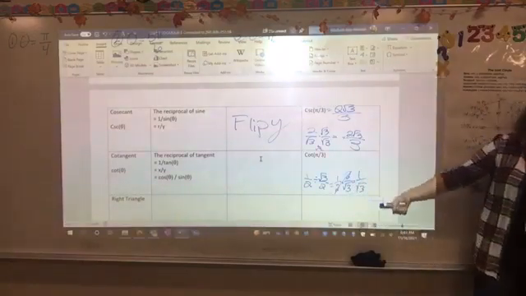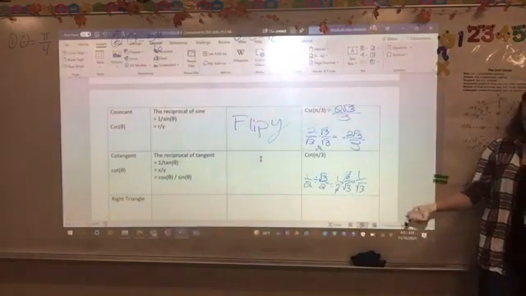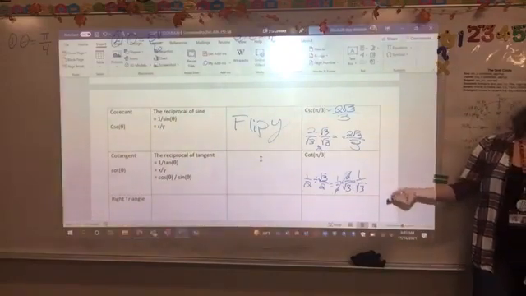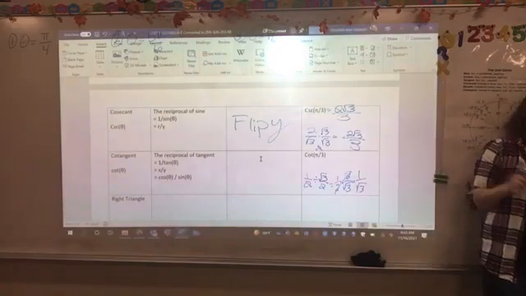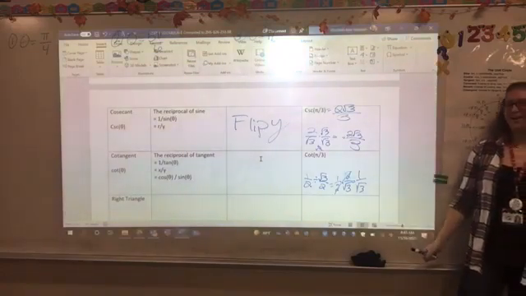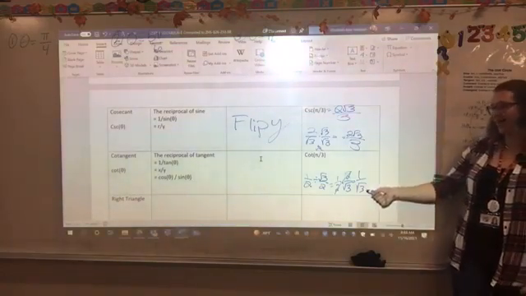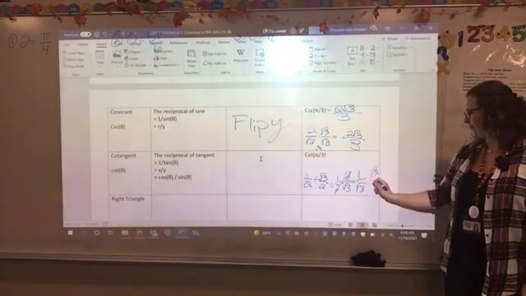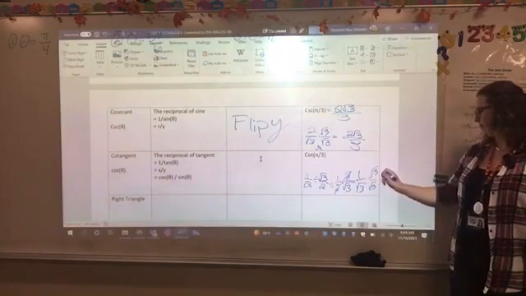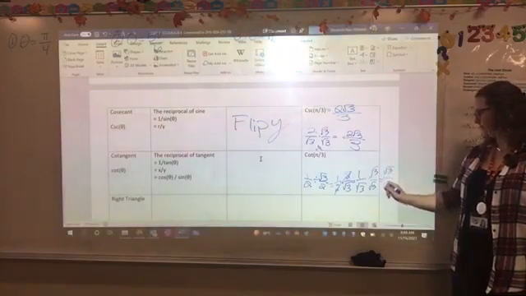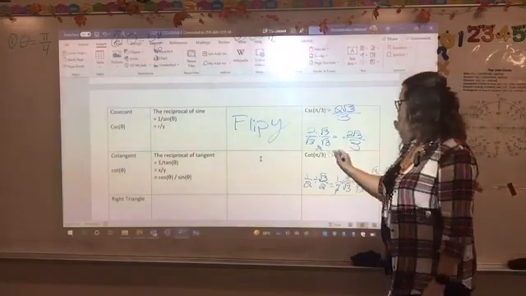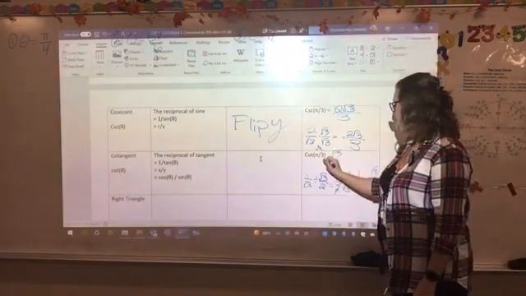Am I done? No, why not? Because of the square root on the bottom, what do I have to do? I've got to rationalize it. I've got to multiply by the denominator that has the radical in it. So I end up with square root 3 over 3.